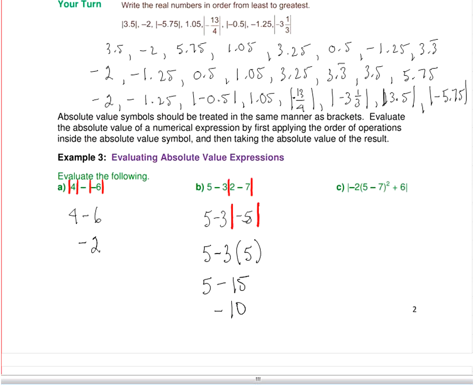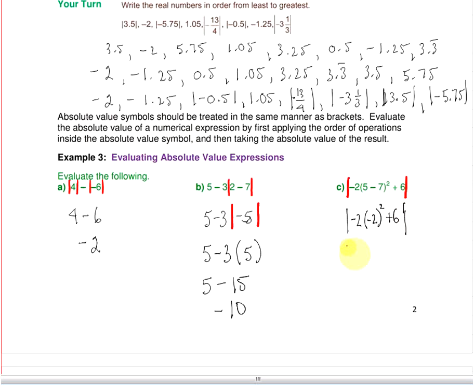Okay, now the next question, the whole thing is inside the absolute value symbol. So you're going to evaluate everything inside first. Do your order of operations, and the last step you will be calculating the absolute value of the number. Okay, so we're going to go negative 2 times 5 minus 7 in a bracket there, and 5 minus 7 is negative 2. There's a square on the outside, plus 6.